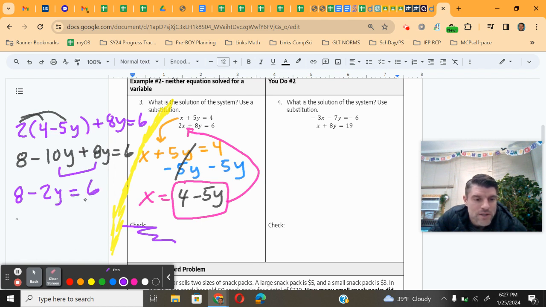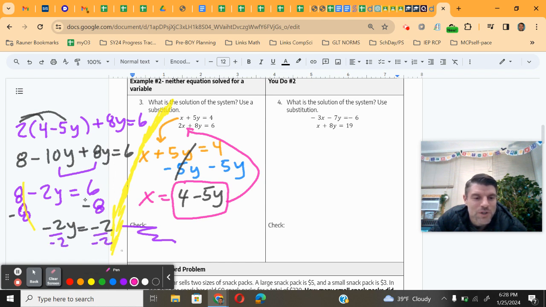What I'm going to do now is subtract 8 on both sides. Oops, that's not 8. Okay. I'm going to subtract 8 on both sides this time. Mistake found. Okay. So bring down the negative 2y. 6 plus negative 8 is going to be negative 2. Divide by negative 2 on both sides, we're almost done.